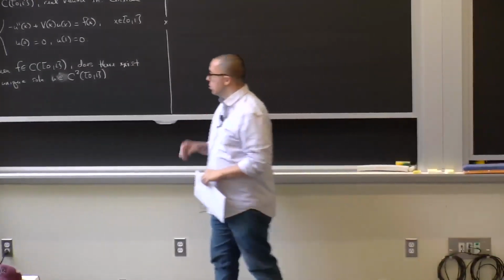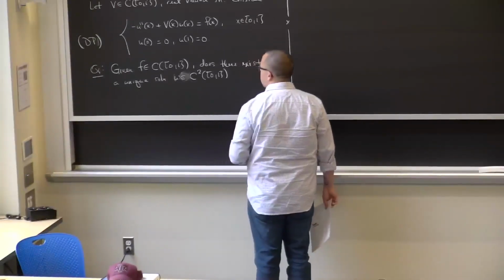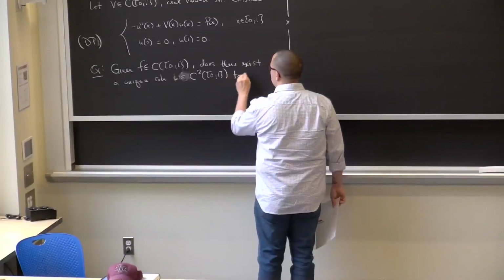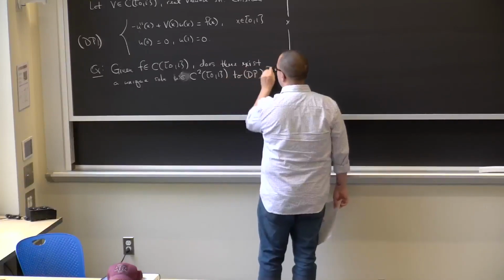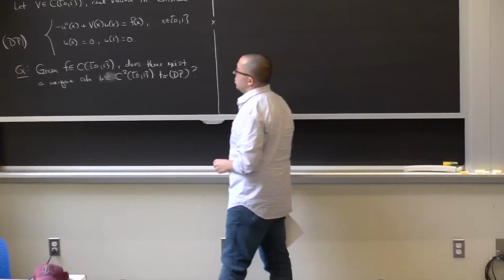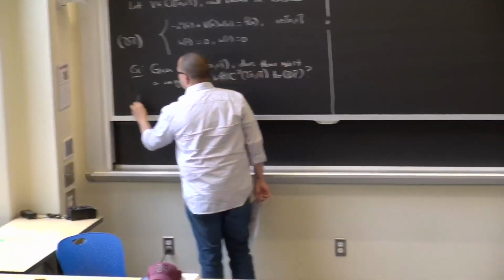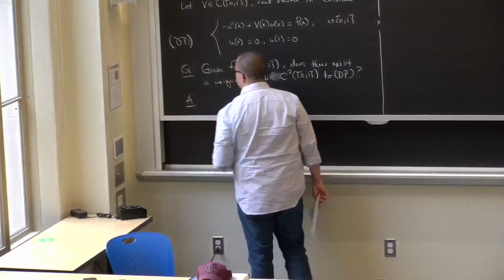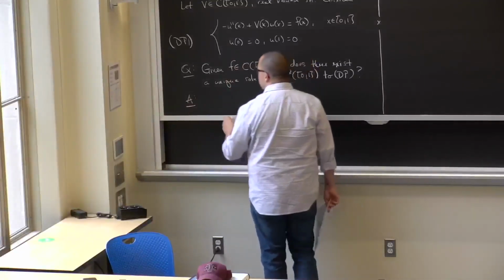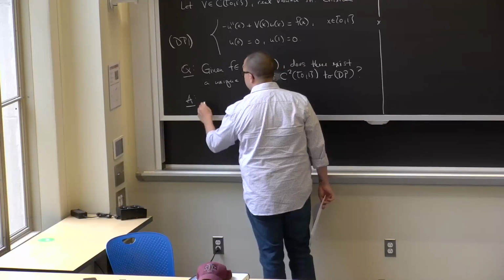Does there exist a unique solution to this ODE with these boundary conditions at 0 and 1? The purpose of this section is to apply the functional analysis that we've done to say the answer is yes if V is non-negative.